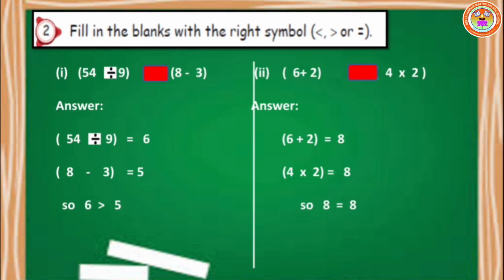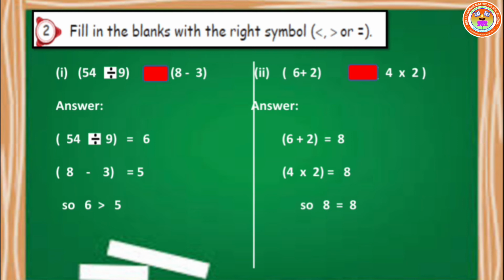Next. Second problem. Fill in the blanks with the right symbol. Greater than, less than, or equal. See the first problem. 54 divided by 9. They have given one empty box. We have to fill it with a less than, greater than, or equal to symbol. Another expression is 8 minus 3.